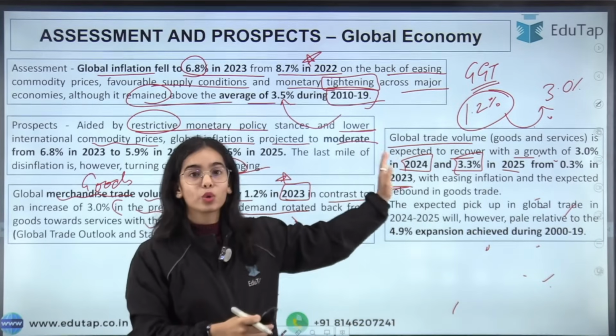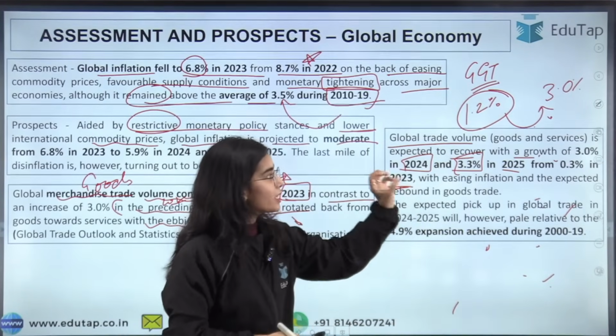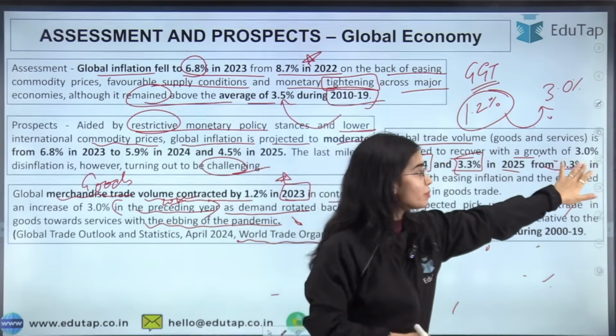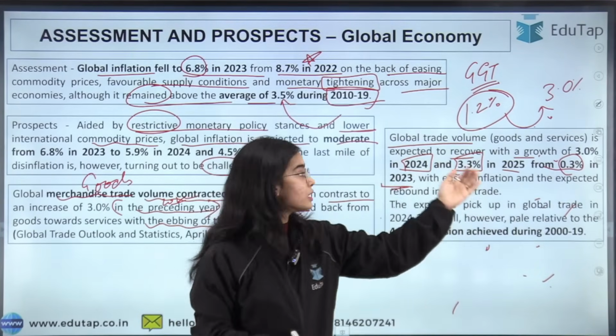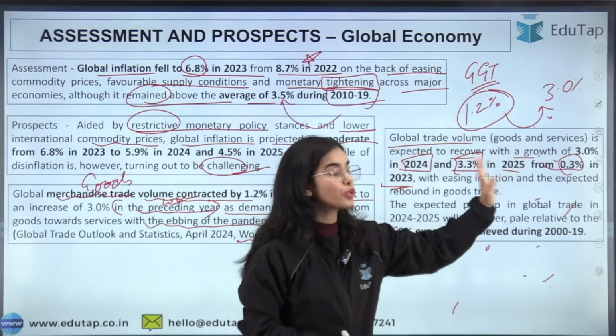So you can understand that the global trade volume that expanded by only 0.3% in 2023 is going to recover with a growth of 3% in 2024 and 3.3% in 2025.